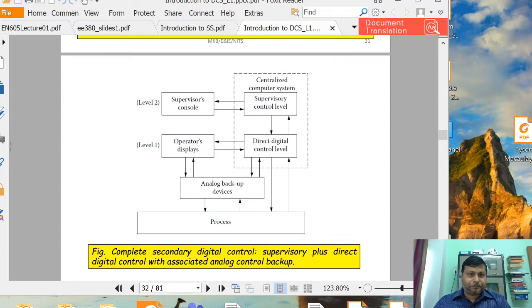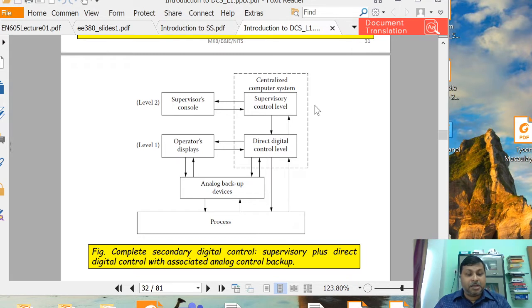So this is the architecture that has been shown. You see here the direct digital control and here the supervisory control level. So the complete secondary digital control, supervisory plus direct digital control, with associated analog control backup. Here you see the analog backup devices. If this direct digital control fails, then what will happen? These analog backup devices are going to act.